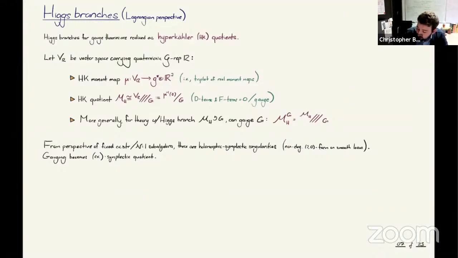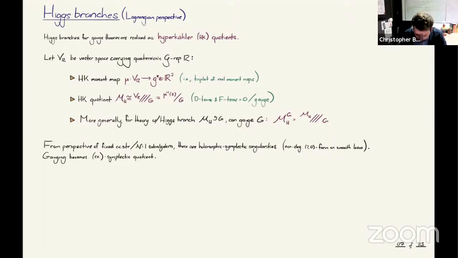It's going to end up being the case that the story I'm telling is more from the perspective of complex geometry. From the perspective of a fixed complex structure, or equivalently from the point of view of a given choice of N=1 subalgebra of the N=2 superalgebra, you can think of these as complex algebraic singularities, which are actually holomorphic symplectic.